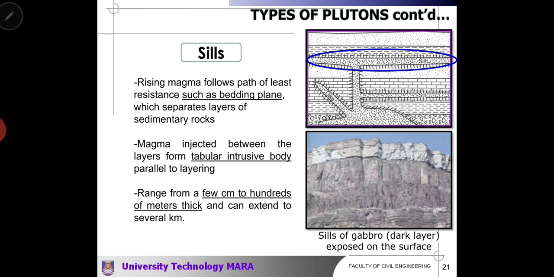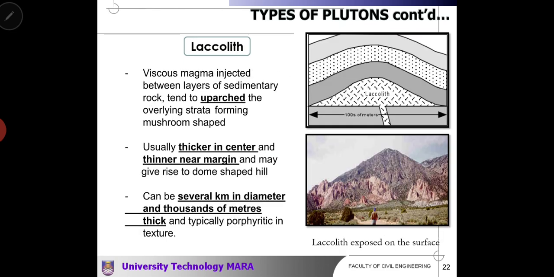And then you have sills. Sills occupy the horizontal space, and magma is injected between the layers as a tabular intrusive body parallel to layering. You can highlight that it is a few centimeters to 100 meters thick. That is a sill. Then the laccolith is like a mushroom shape.